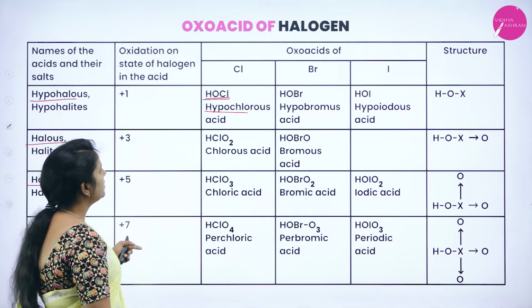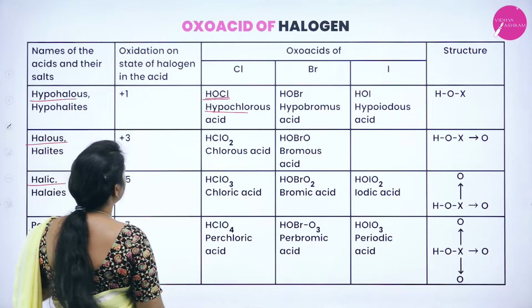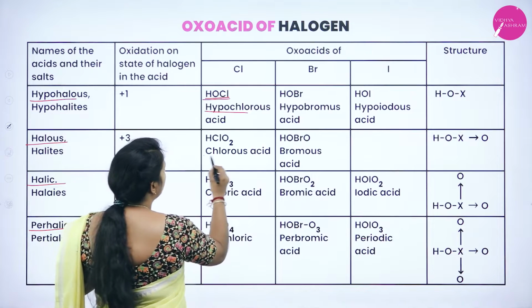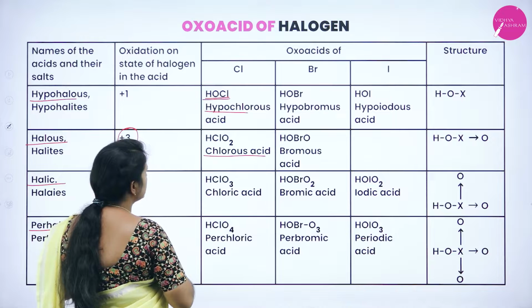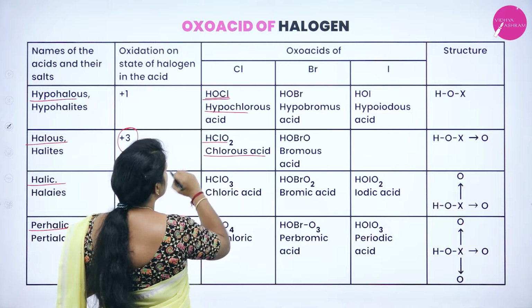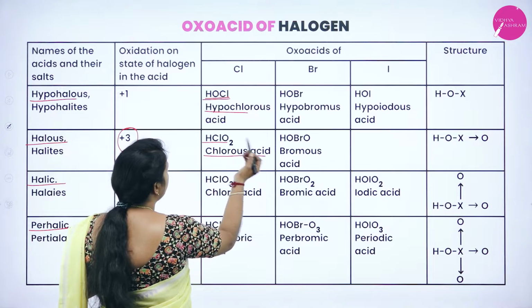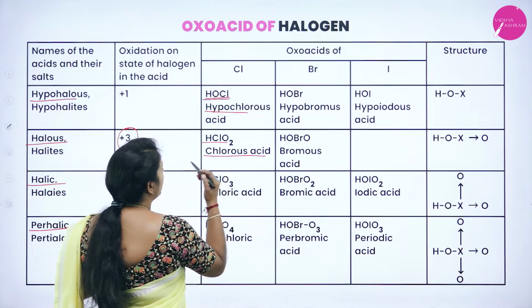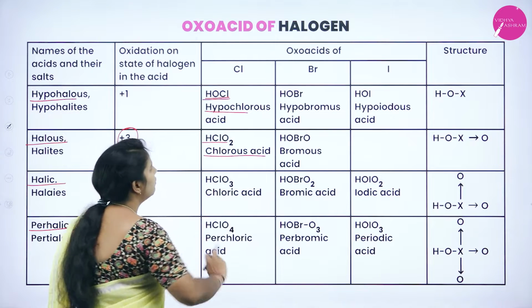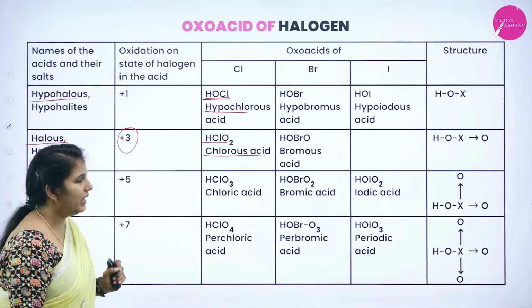The second, halous acid, is chlorous acid, with a +3 oxidation state, written HClO2. From hypochlorous acid to chlorous acid, one oxygen has been added.